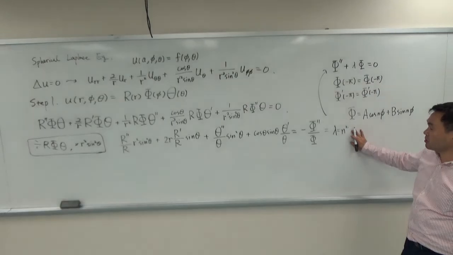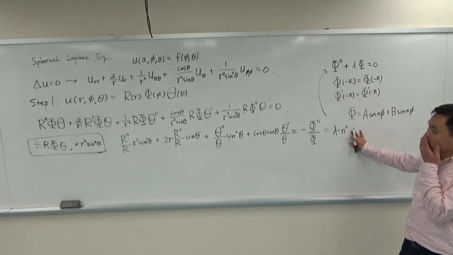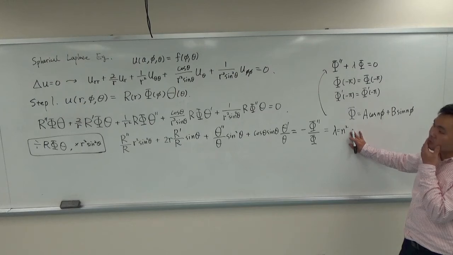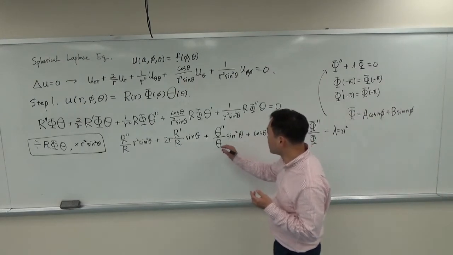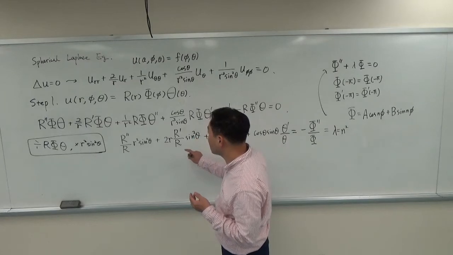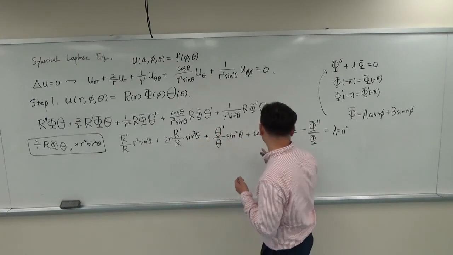Okay, so we have that, and then let's see. So here's what's happening here. Did I forget something? Oh, this should be sine squared, right? Yeah, this should be sine squared.